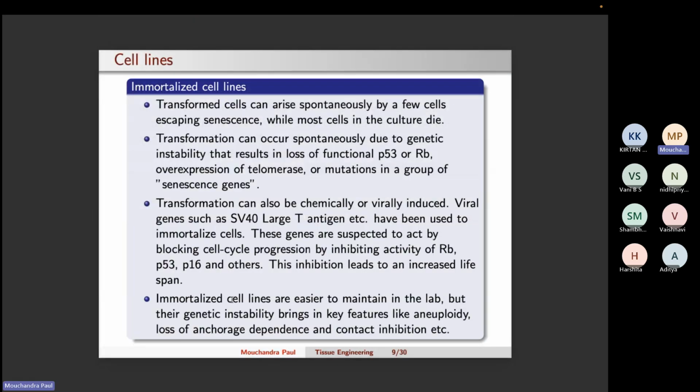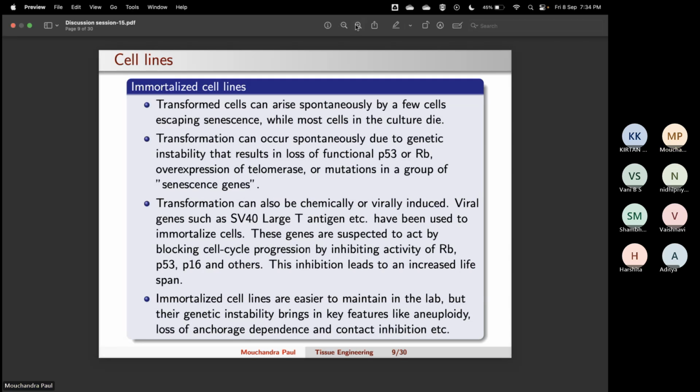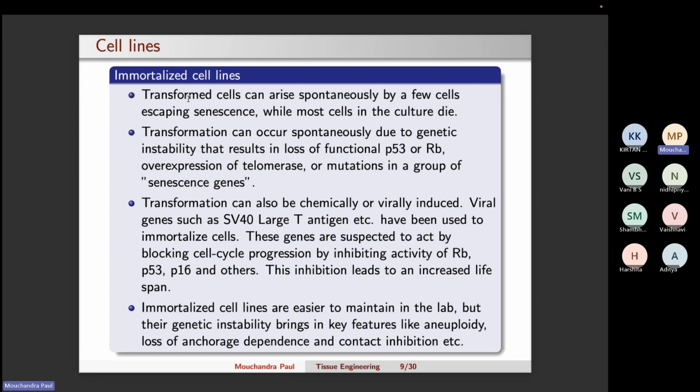Now you can increase the speed at which an immortalized cell line will be established. How will you do it? The transformed cells can arise spontaneously by a few cells escaping senescence, while most cells in the culture die. So out of millions of cells, only one or two cells will get transformed, and the rest will die.